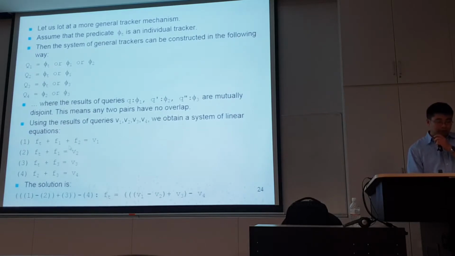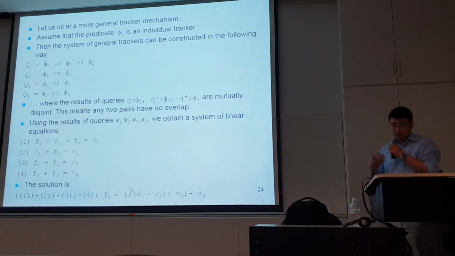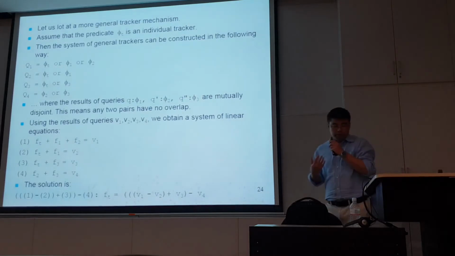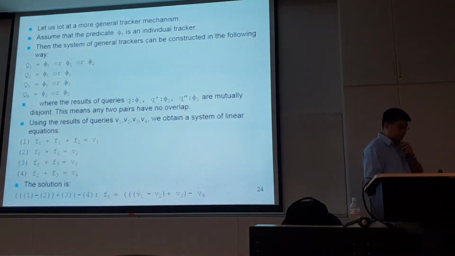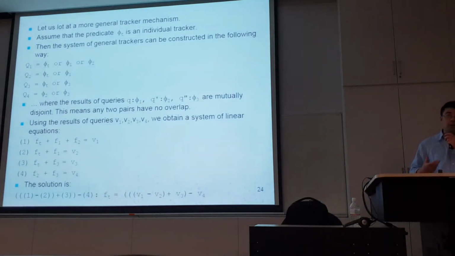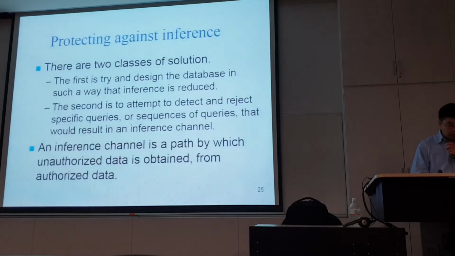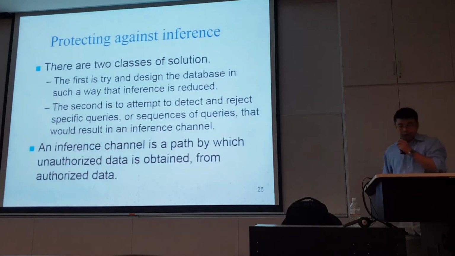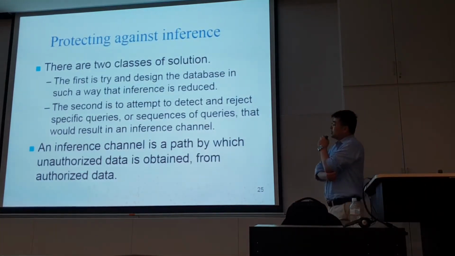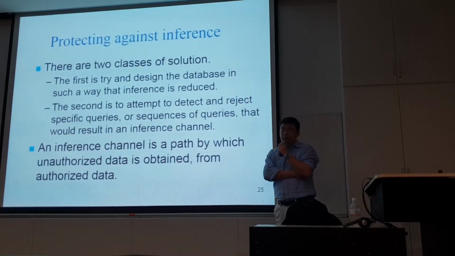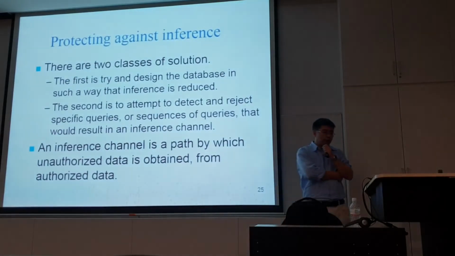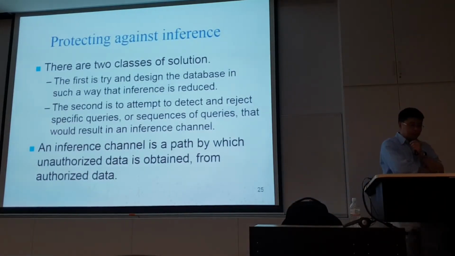So from the equations, then you can solve the unknown variables and find the solution. This is basically the solution you need. So this is a general way to build a tracker, to track individual information, right? So that's a general example showing how this inference can be achieved by building some trackers.